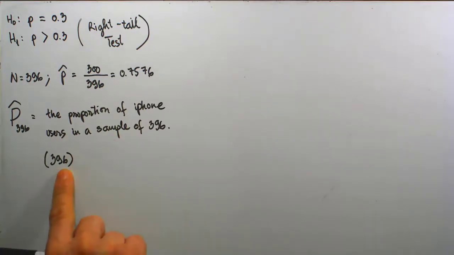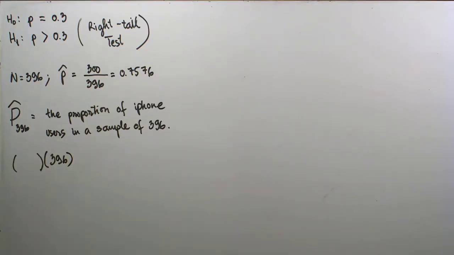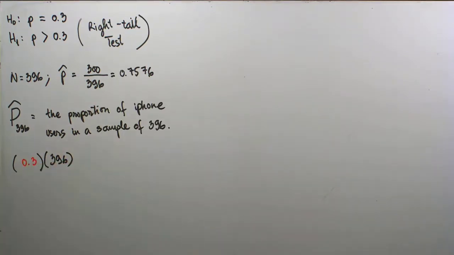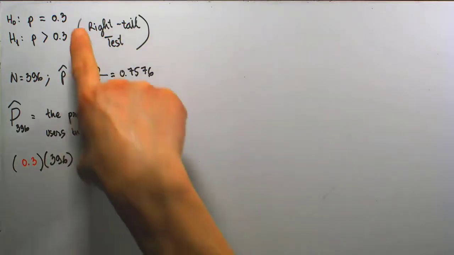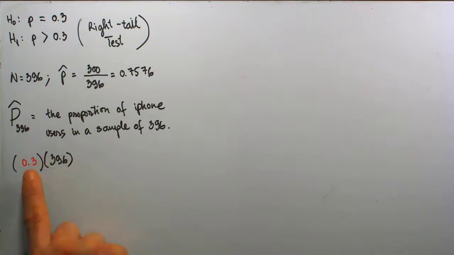So the sample size that we're currently using, or the size of each sample in our distribution here, 396. I am going to multiply this, allow me to write this in red ink right here, by 0.3. So this is the sample size, capital N. I am going to multiply that with 0.3. I wrote that in red, hopefully to catch the viewer's attention, that this 0.3 is the value being claimed in the null hypothesis.